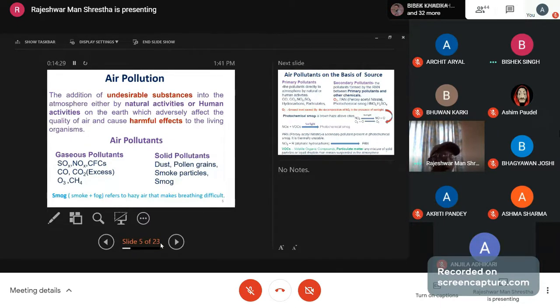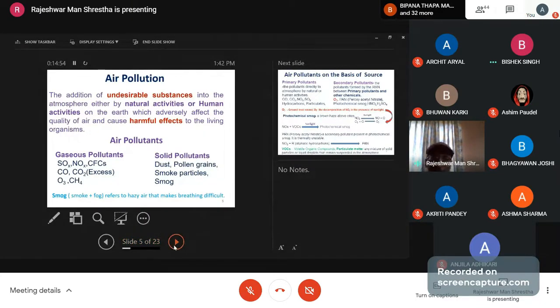These pollutants are in gaseous state, so they are known as gaseous pollutants. Now, the air contains solid pollutants like dust, pollen grains, smoke particles, smog. Smog means smoke and fog, and that refers to hazy, brown air that makes breathing difficult and gives low visibility on the road in the daytime.